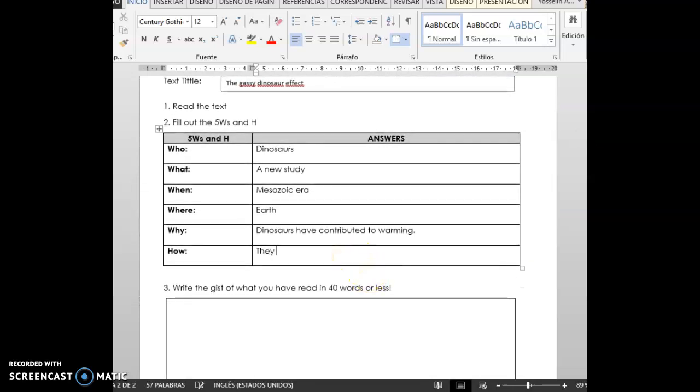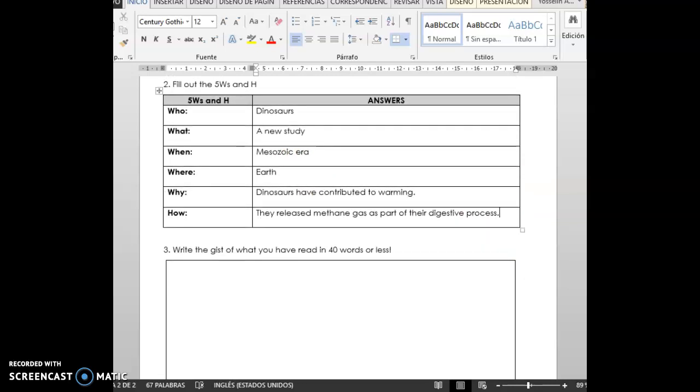They release methane gas as part of their digestive process. So now we have found all the answers for the questions that we have here.